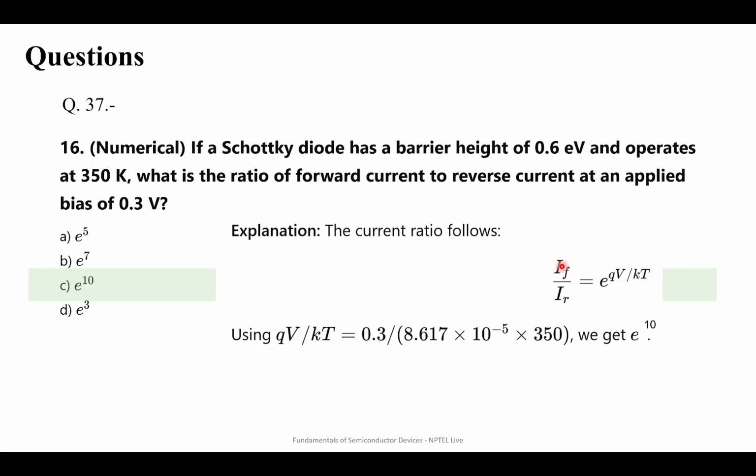So you will get I_F by I_R as e power qV by kT, and you put in the values: forward bias 0.3 volts, the Boltzmann constant and the given temperature 350 Kelvin. You calculate this, and qV by kT will be equal to 10. So the answer here you will get e power 10.